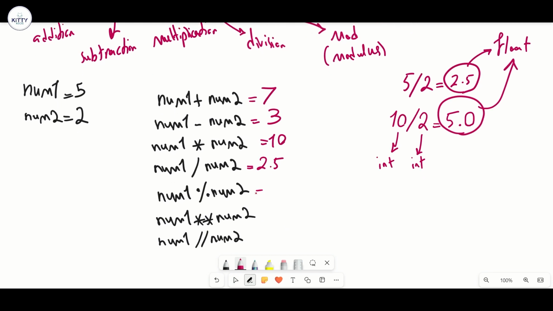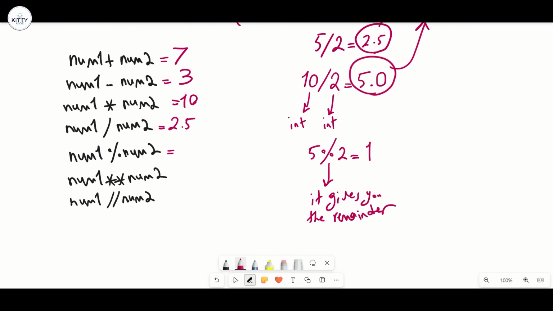Now what about this one? 5 mod 2 equals, this is the remainder. It gives you the remainder, which is 1 here. 5 divided by 2, we have 2.